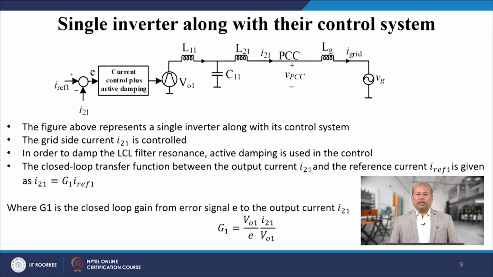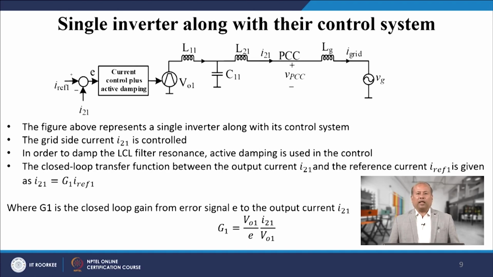Since we are using an LCL filter, there is a possibility that the filter will resonate. This resonance needs to be damped. We are using the capacitor current active damping method to control the resonance.